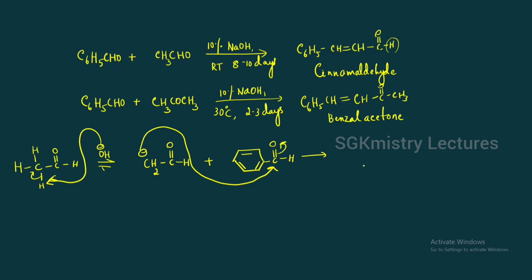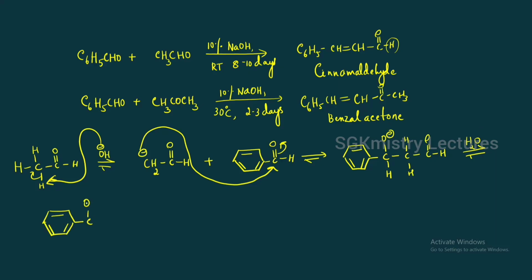This shifts here. So we have C6H5. Now this becomes O minus. Here there is H. Now here there is CH2, CHO. Now this in the presence of water. Like how we have written for aldol condensation, the same thing we are following here also.